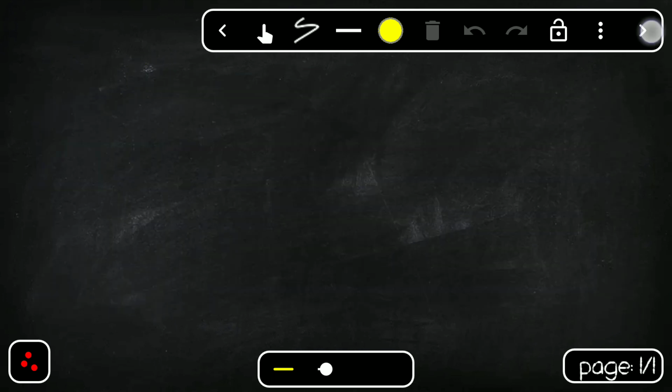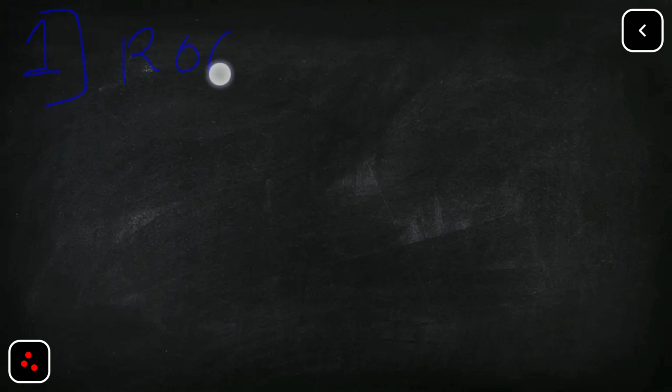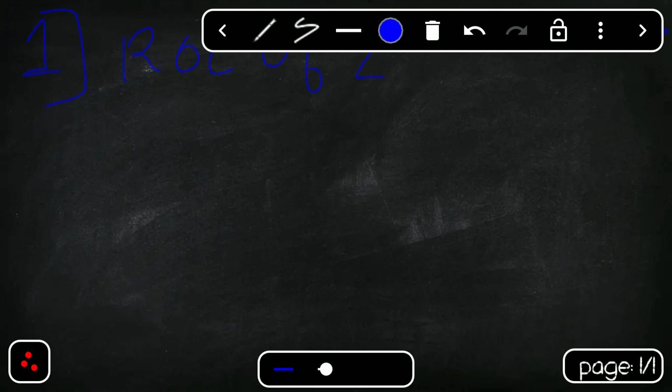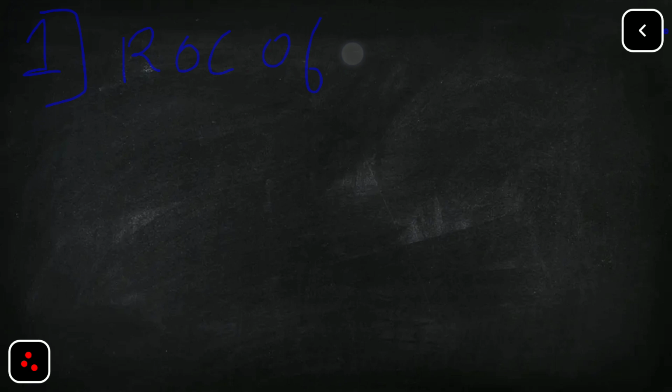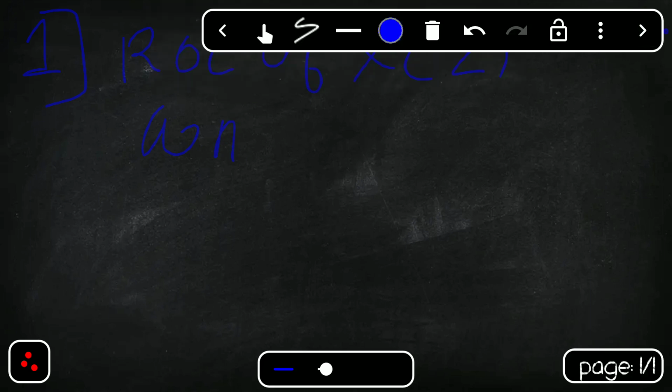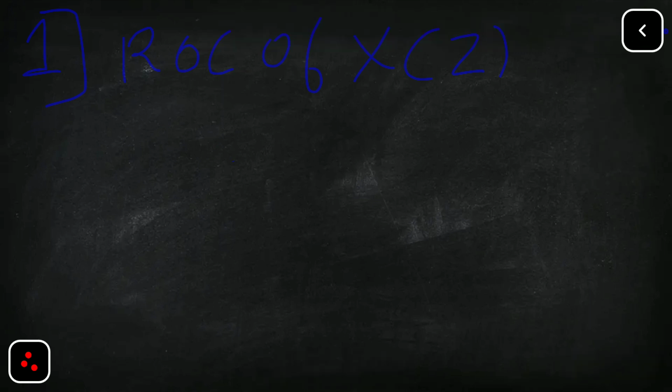Now coming on to the properties of ROC. My very first property, property number 1 of ROC, states that the ROC of x of z contains a ring in the z plane centered about the origin, right?